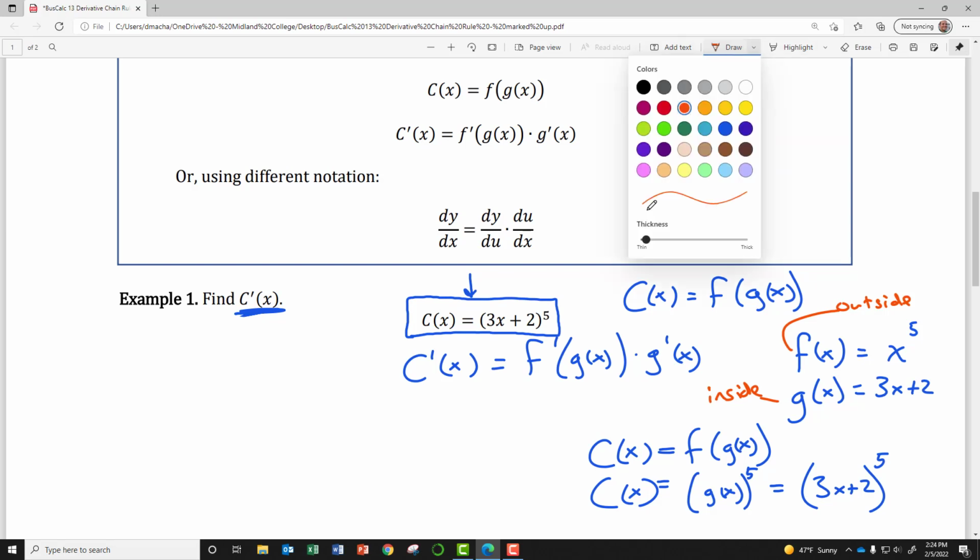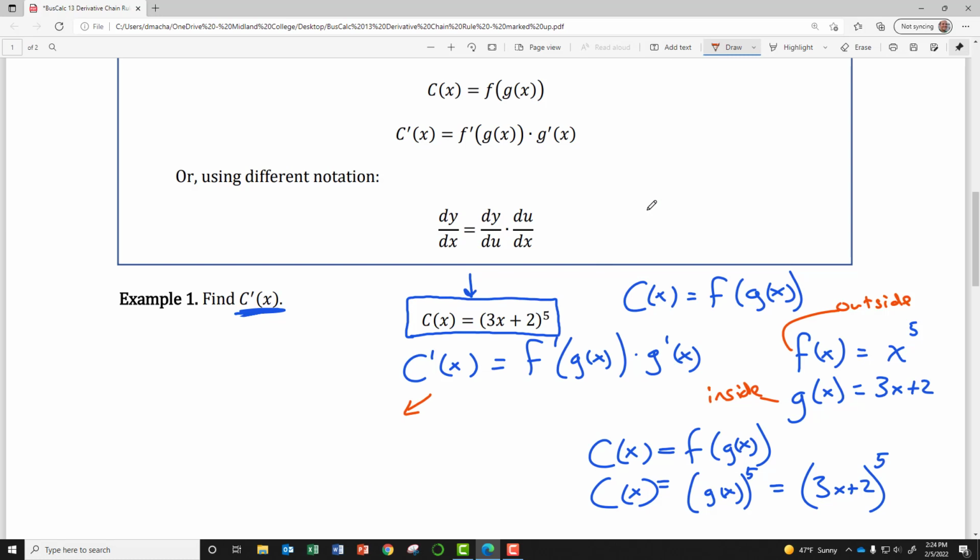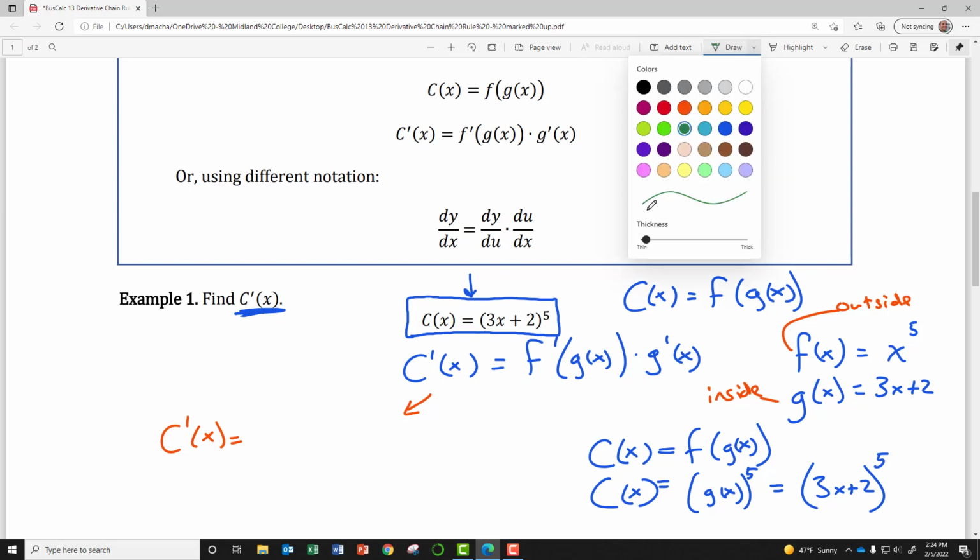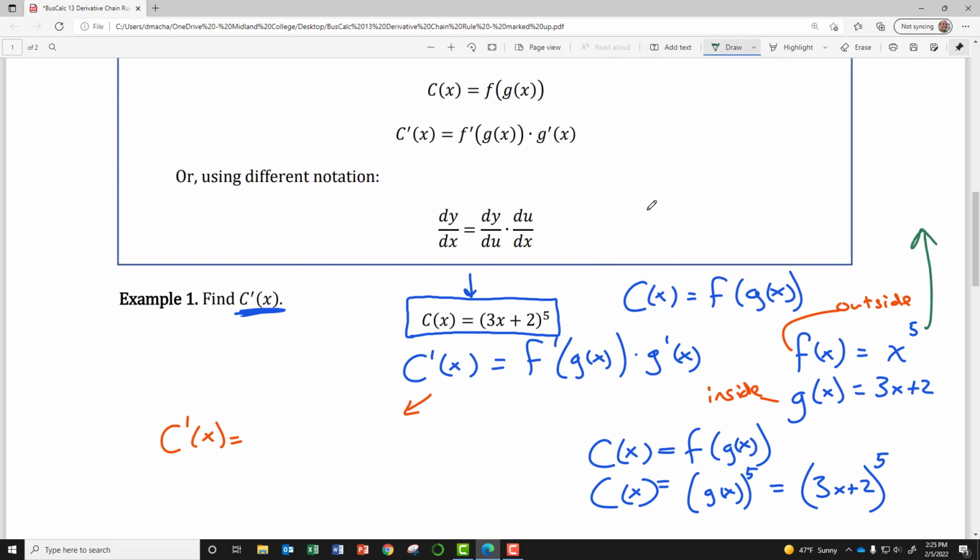So I made the right choices. And now that I've made the right choices, I can actually take this derivative formula over here, right? C prime of x is equal to f prime. Ooh, well, I actually need to calculate f prime, don't I? So this is my f function. Using the derivative power rule tells me that f prime will be 5x to the 4th. So I write f prime of g of x. Oops, that's another thing I need to figure out, huh?